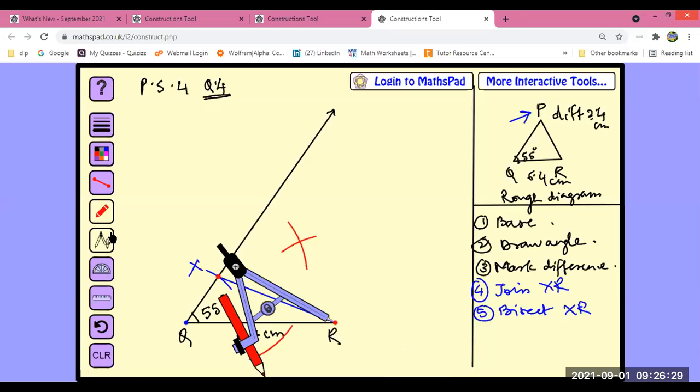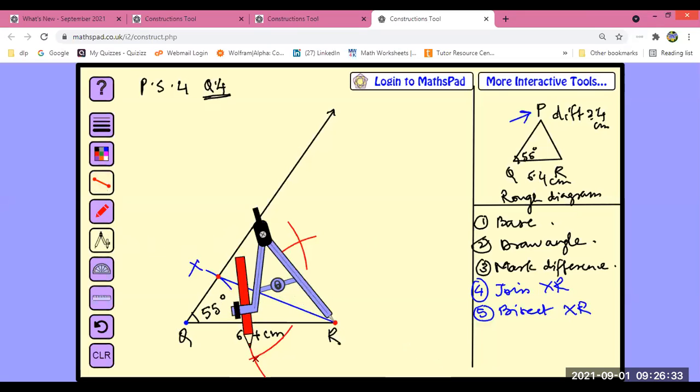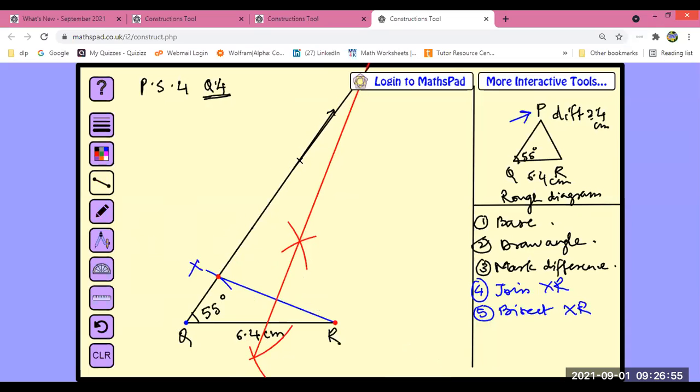Cross out the arcs, and now we see that we have got 2 points. Joining these 2 points and extend it nicely upwards so that somewhere it is going to intersect the black line, and that point is our vertex. So I'm going to extend the black line now because it doesn't intersect. Just place it like this and extend.